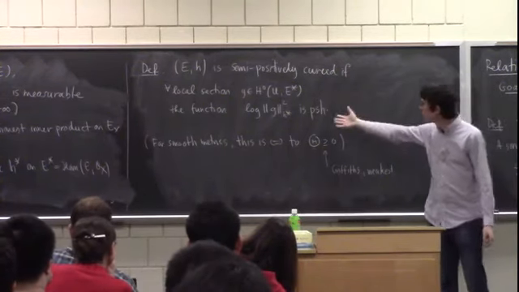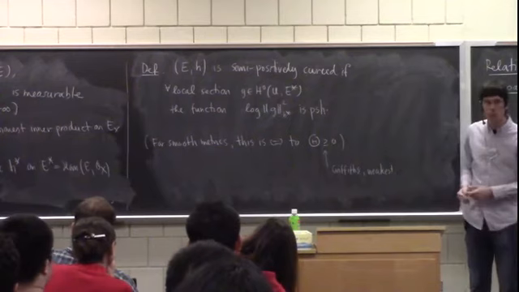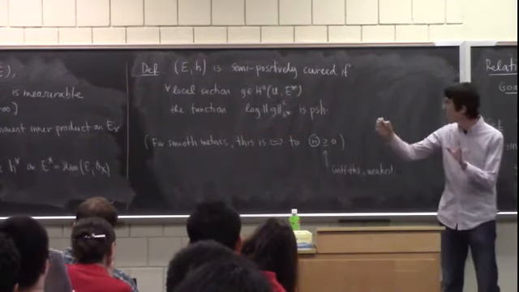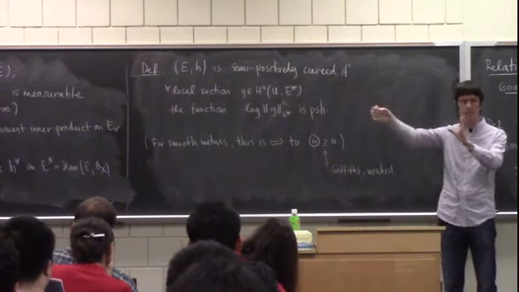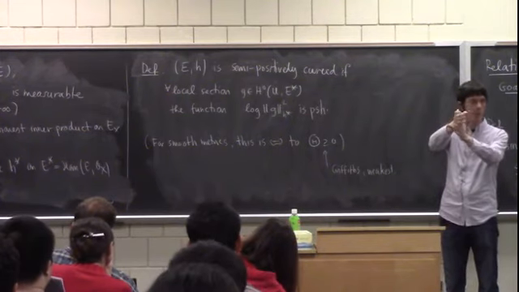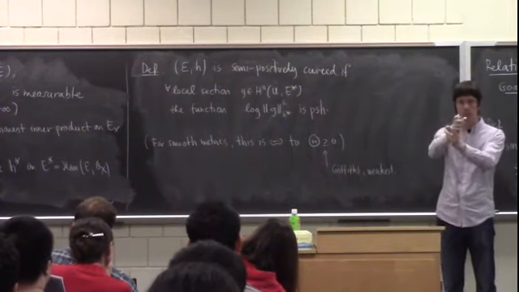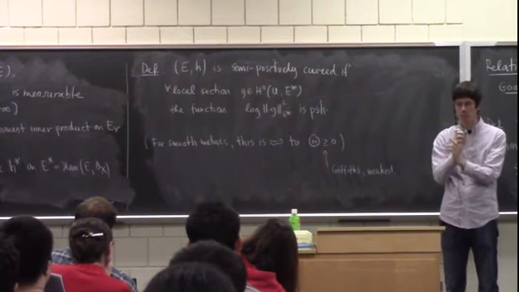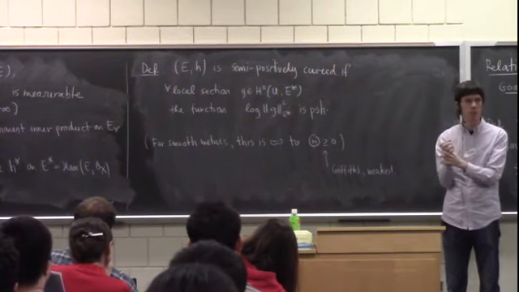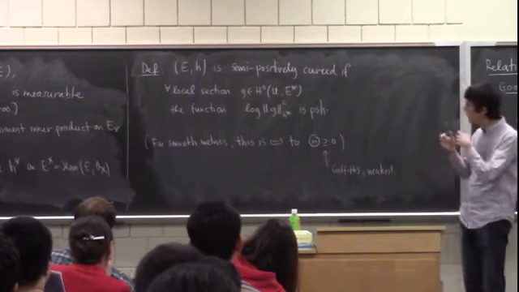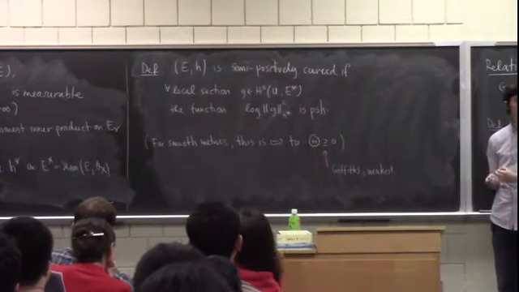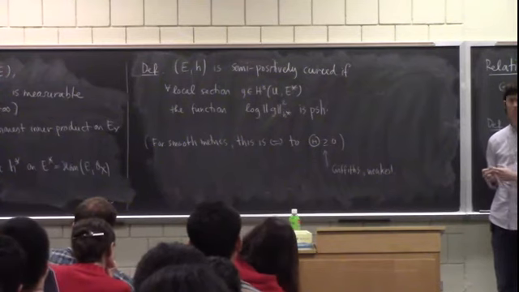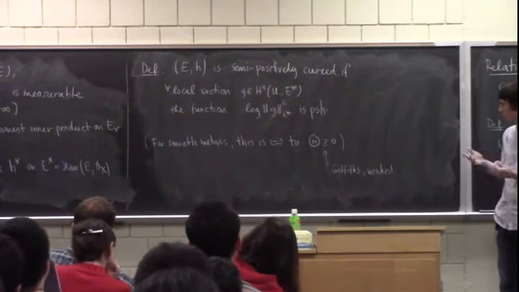And this condition here is actually equivalent to saying that anytime I have a line bundle quotient of E, and I put the induced metric on this line bundle quotient, then on that line bundle, the metric is semi-positive in the sense expected. So it's a definition in terms of rank 1 quotients of E. You ask that every rank 1 quotient has positive curvature. Okay, so this is a little calculation.